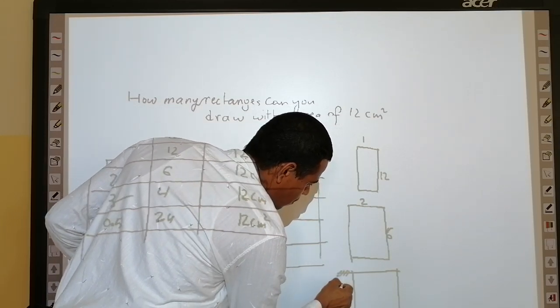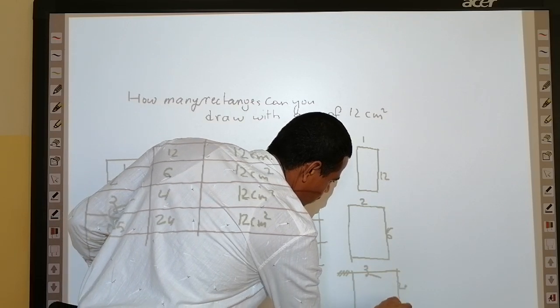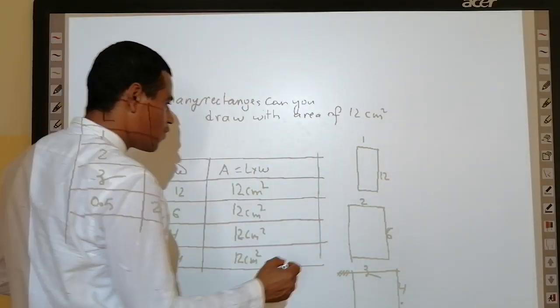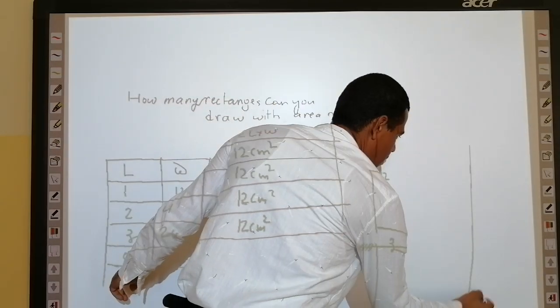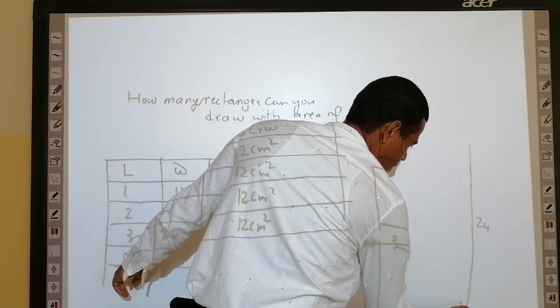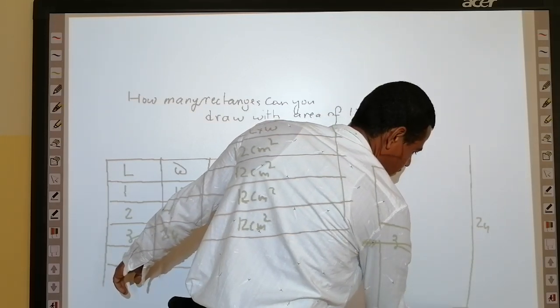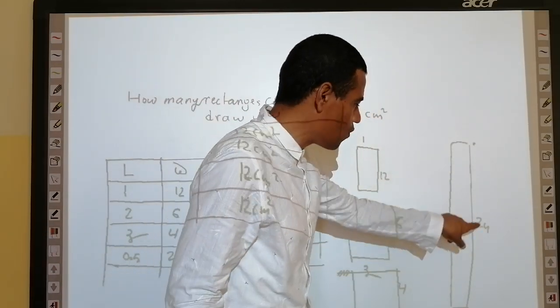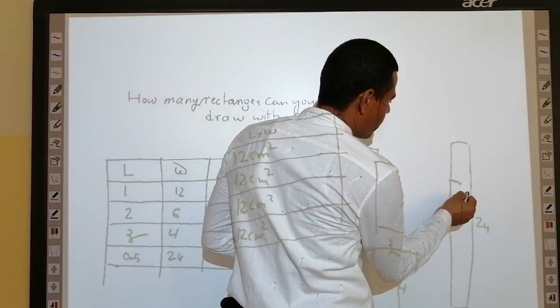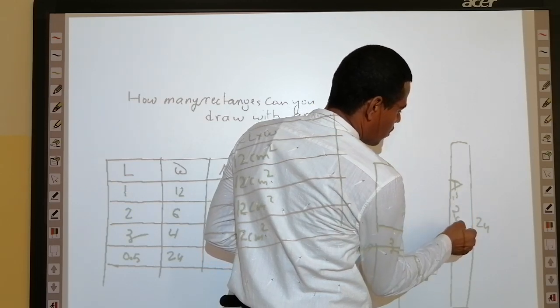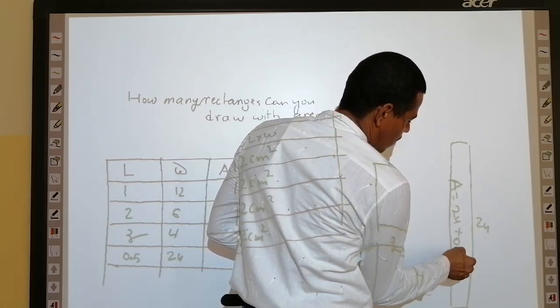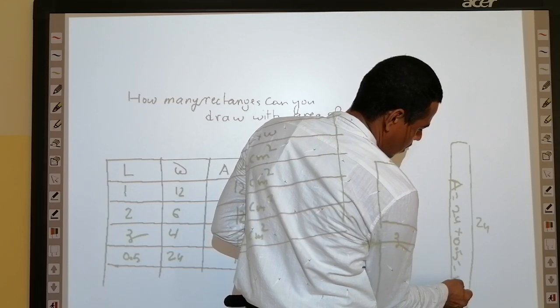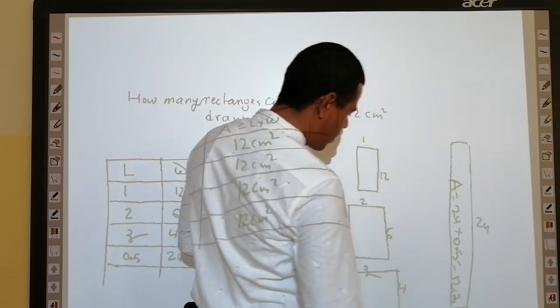And 0.5 and 24: this is 24, and this is 0.5. So the area is 24 multiplied by 0.5, which gives 12 centimeters squared.